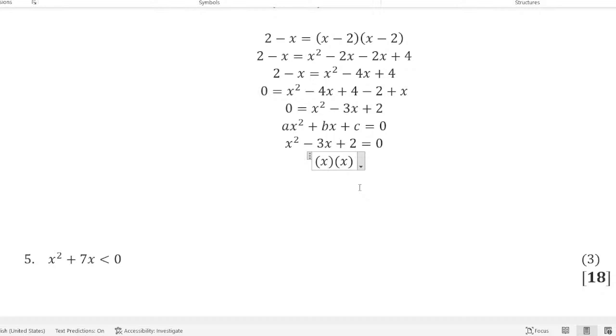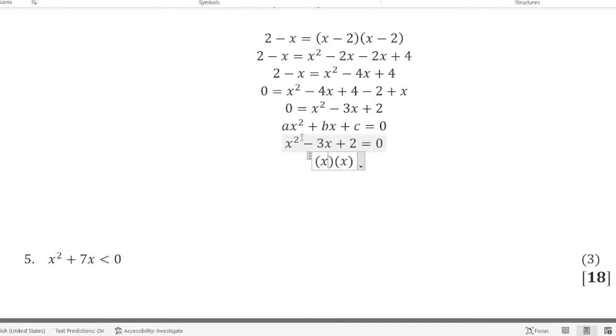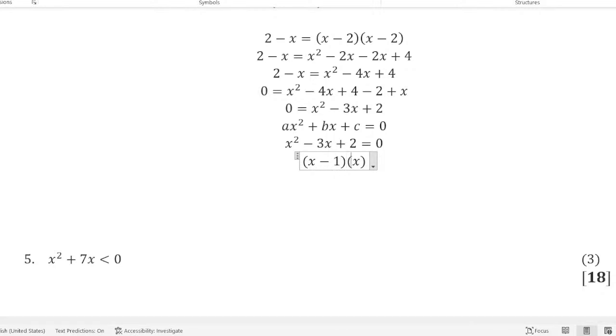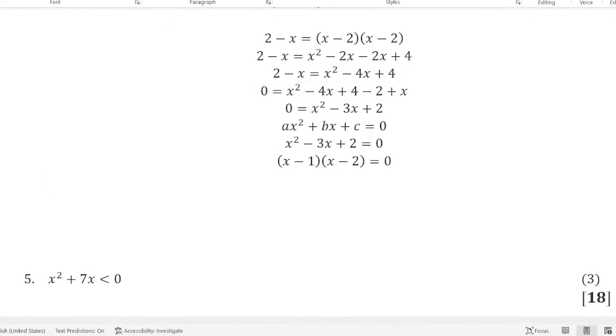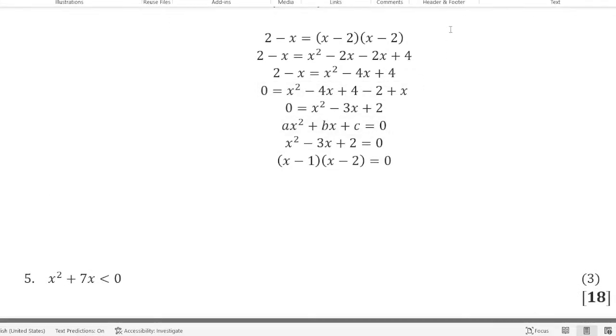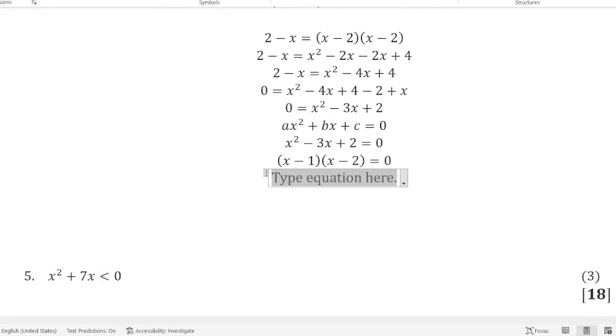Remember, when the last term is positive, we have the same sign. Then we take the sign of the middle term. In this case, the sign of the middle term is a negative. So we have x minus 1 into x minus 2 is equal to 0.